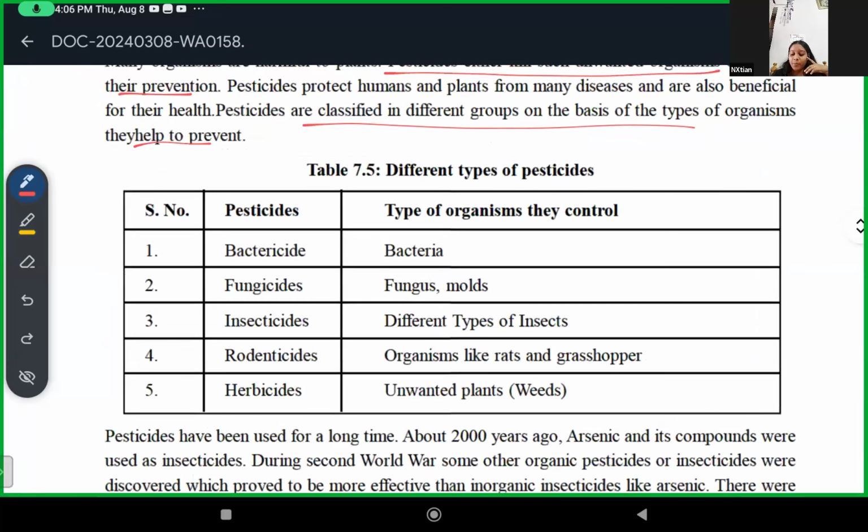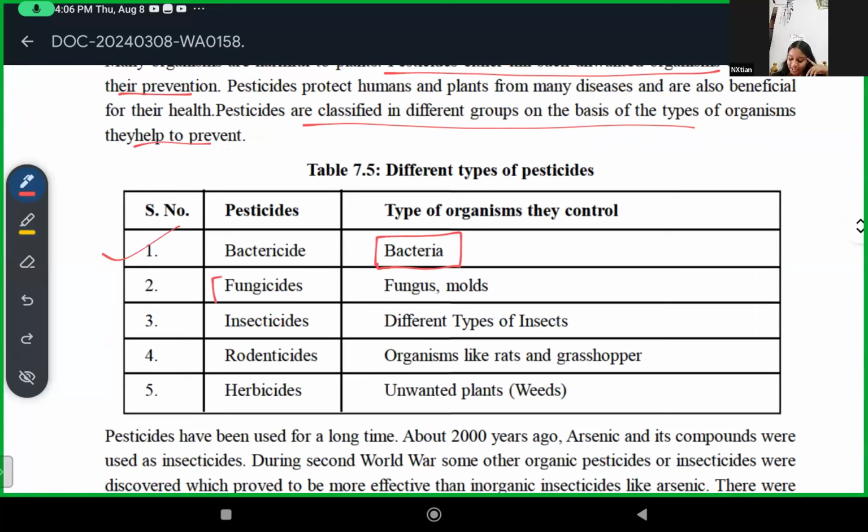Now see, there are different types of pesticide organisms. There are bacteria, there is fungus. Then there are different types of insects. Different types of pesticides are there for different types of insects. Bactericides are there to kill the bacteria, to control the bacteria.